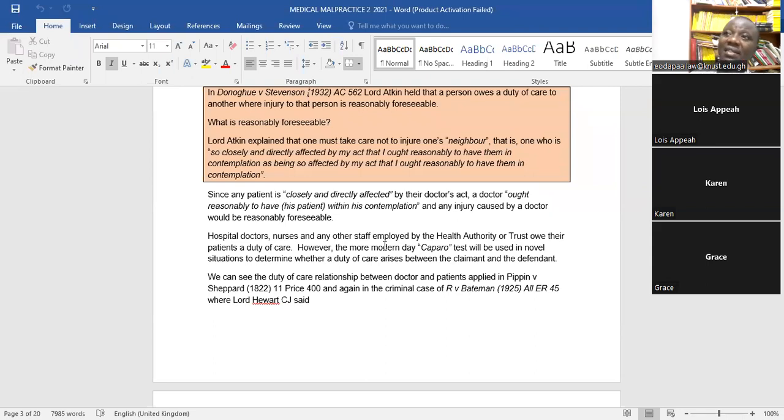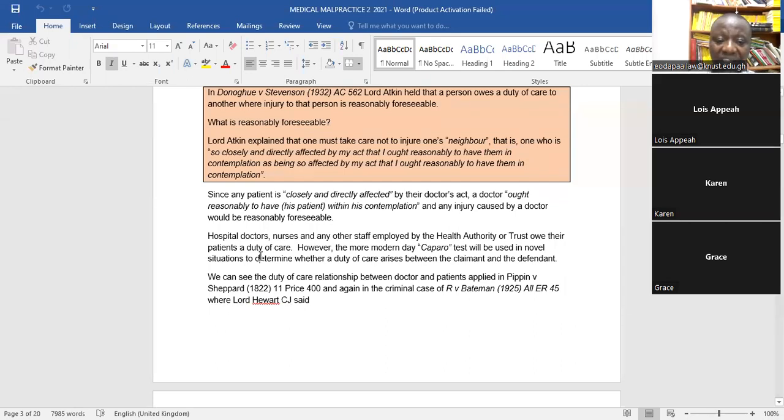So in that respect, we notice that we are basically using the same traditional principles of the tort of negligence to try and advance issues of medical negligence or clinical negligence.